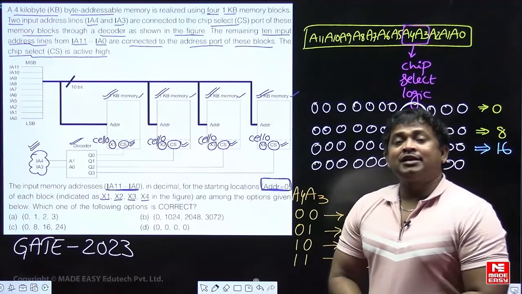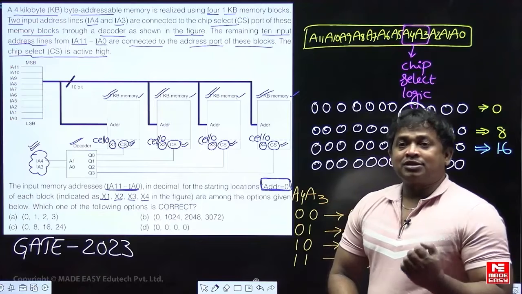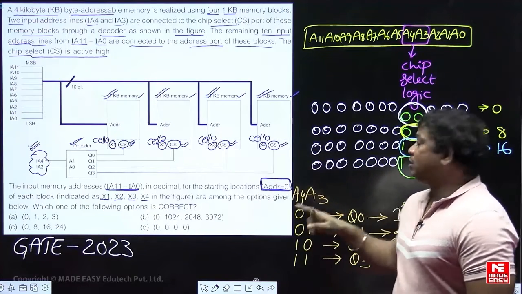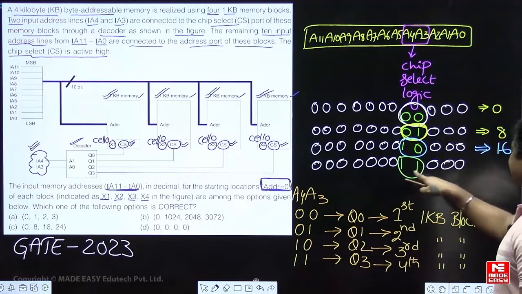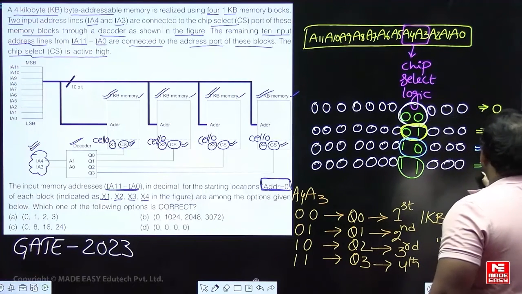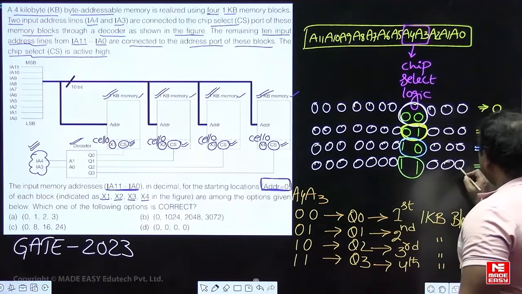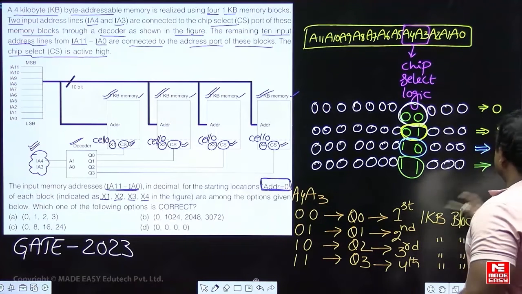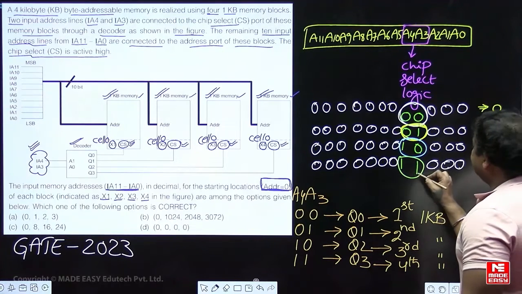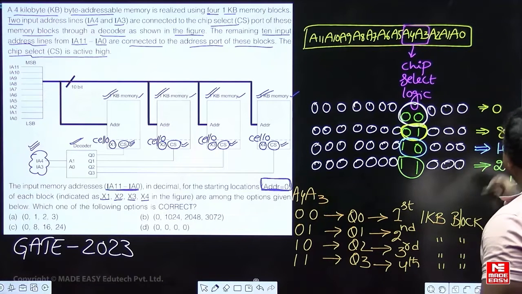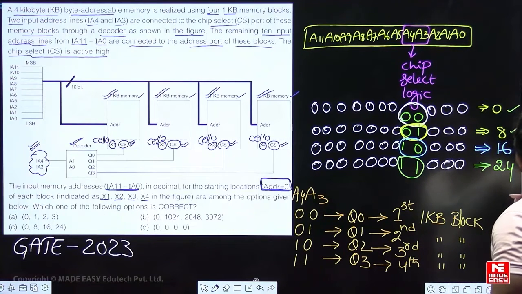So we are accessing the first cell, that means starting location from this fourth 1 KB block with this address sequence. Now find out the decimal value of this sequence. 1, 2, 4, 8, 16. This is equal to 16 plus 8, 24.